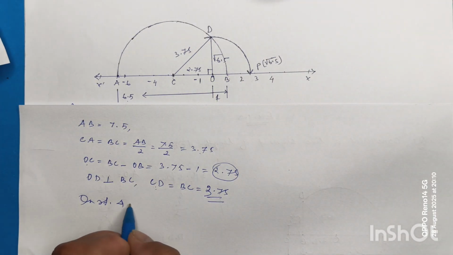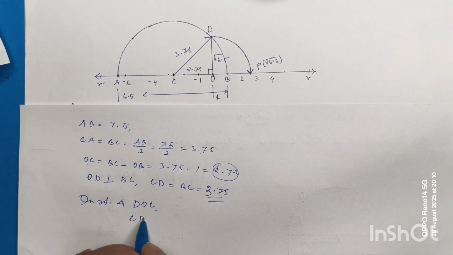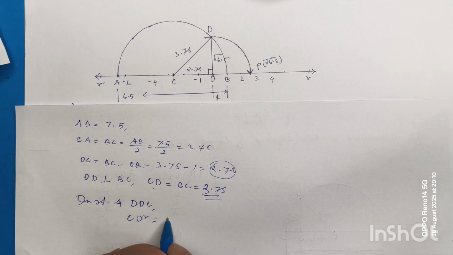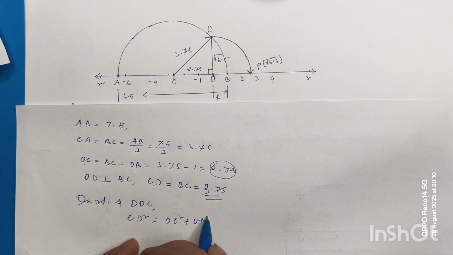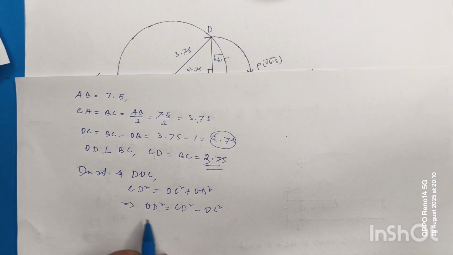Okay, now in the right triangle DOC, by the Pythagoras theorem, CD square equals OC square plus OD square. Now let's find OD square. OD square equals CD square minus OC square.